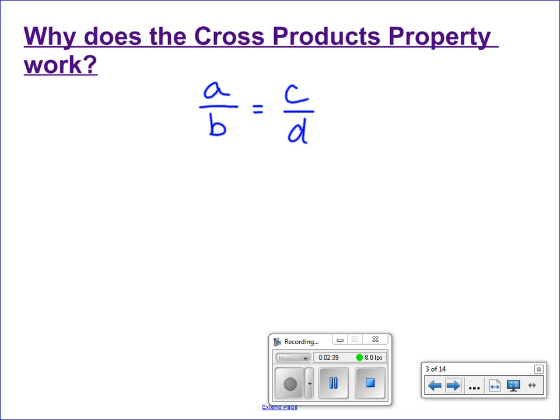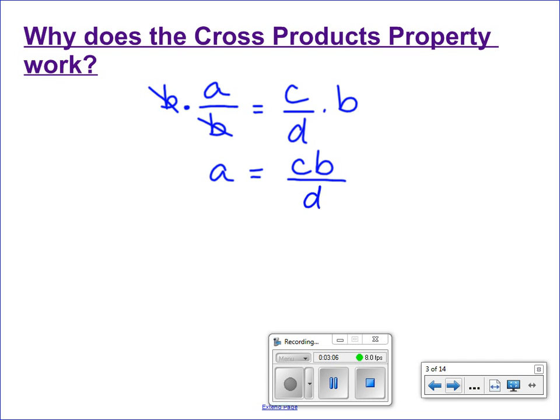When we are solving for a particular variable and we have a division problem like A divided by B, we want to get the B out of the denominator. So the first thing that I would do is multiply both sides by B.